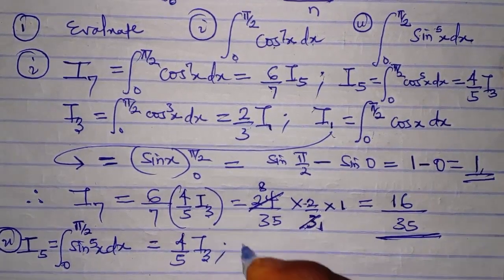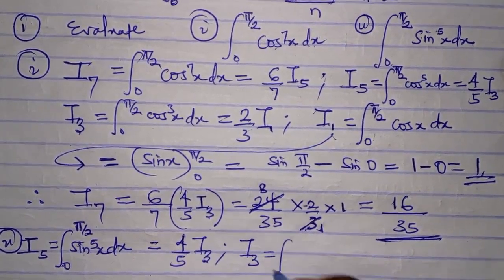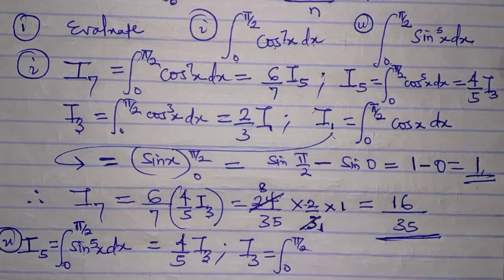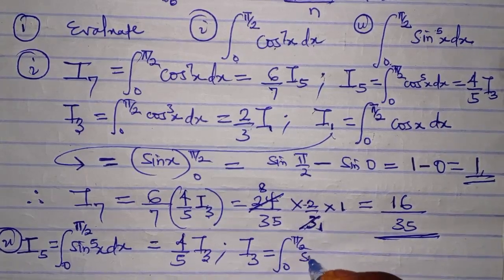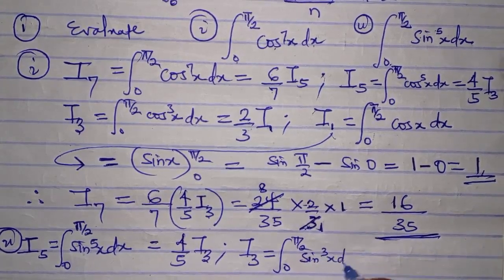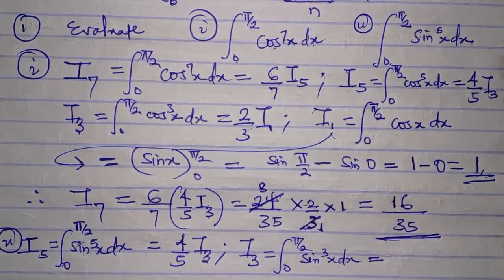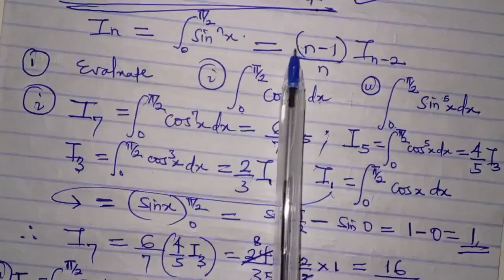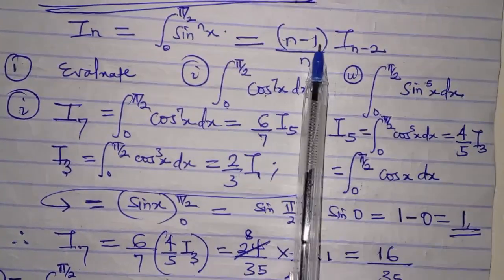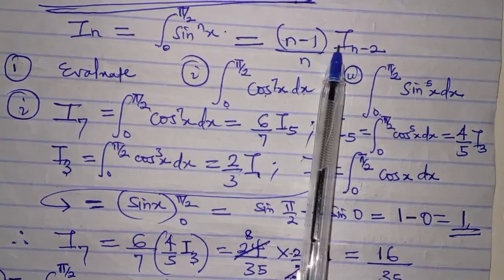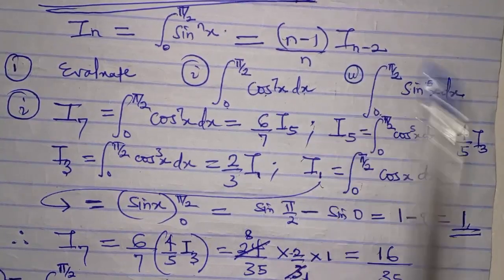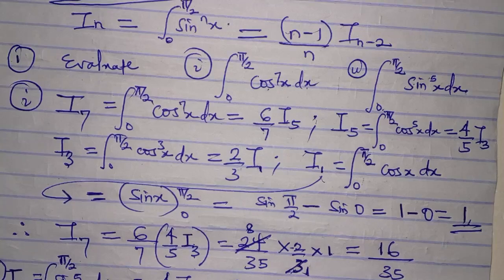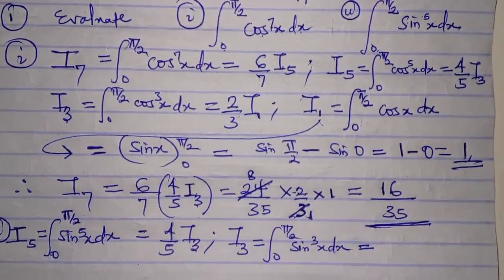I3 is the integral from 0 to pi over 2 of sine cube x dx. Using the same reduction formula, 3 minus 1 is 2, so 2 over 3 I1, because 3 minus 2 is 1.